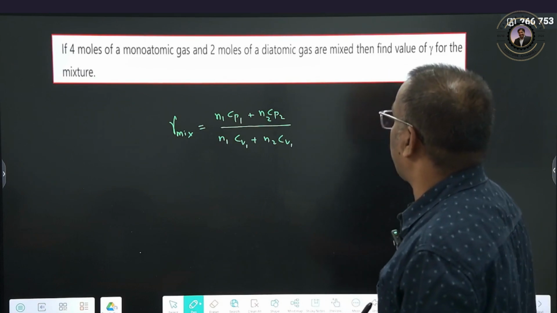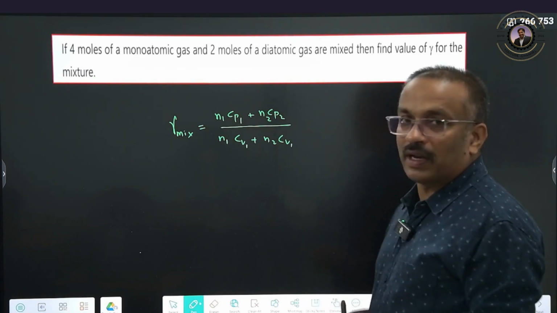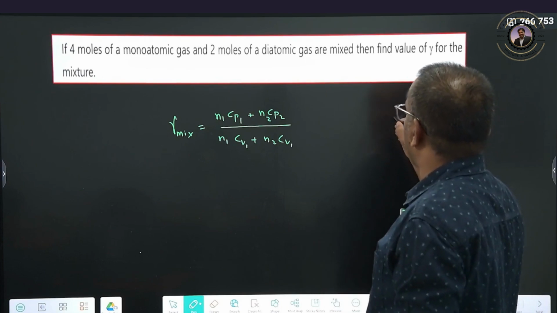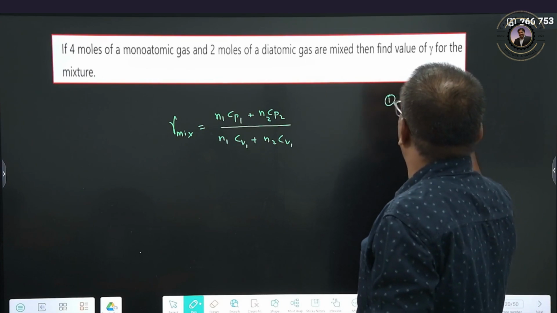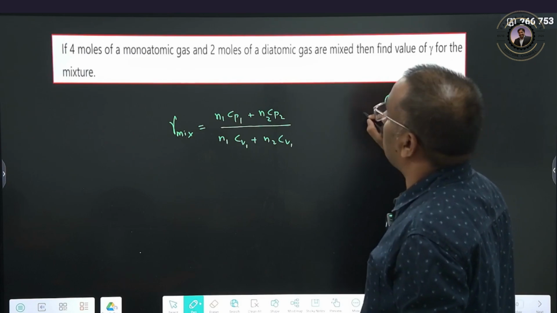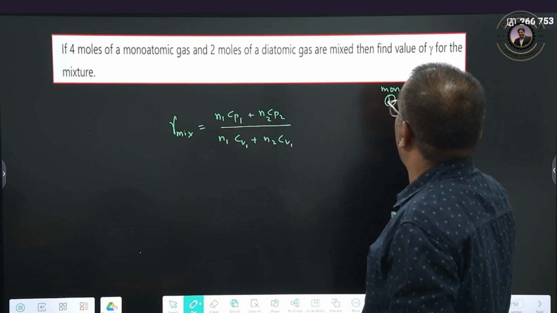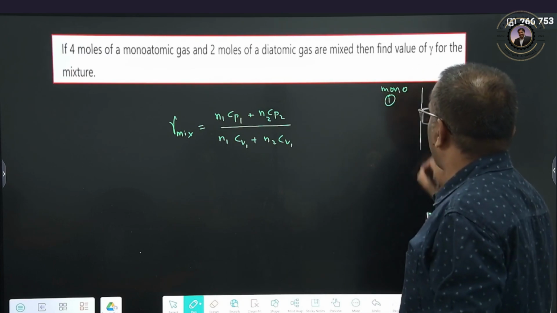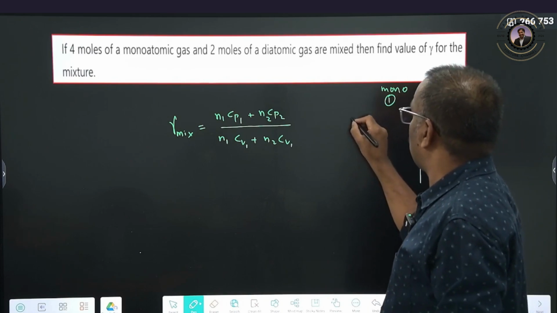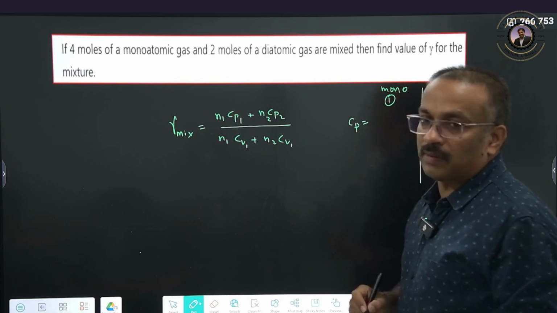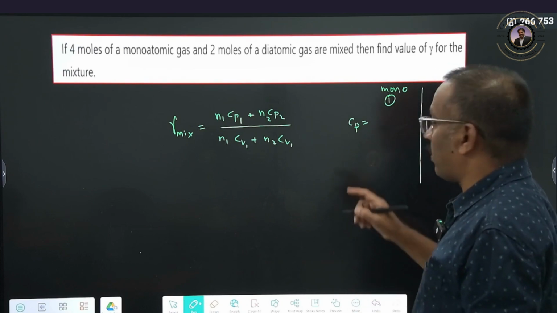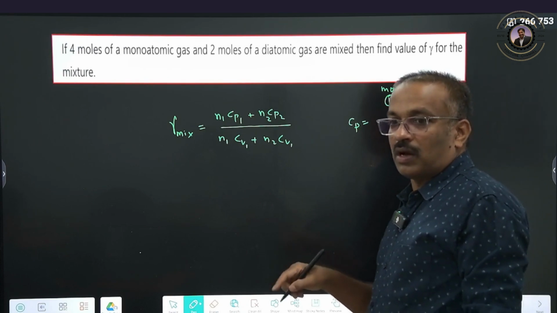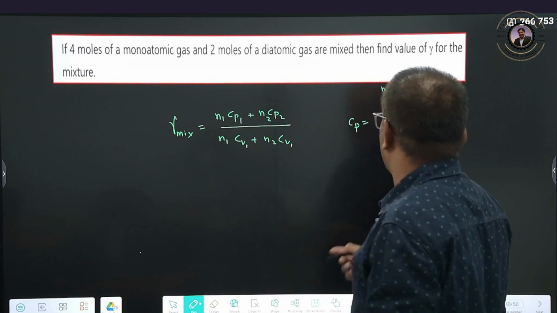How to solve it? First of all you have to calculate Cp1 and Cp2, right? Cp1 for 1 and Cp2 for 2. So 1 is mono, and 2 is diatomic. Clear? Monoatomic we already studied. Cp is nothing but gamma into R by gamma minus 1.